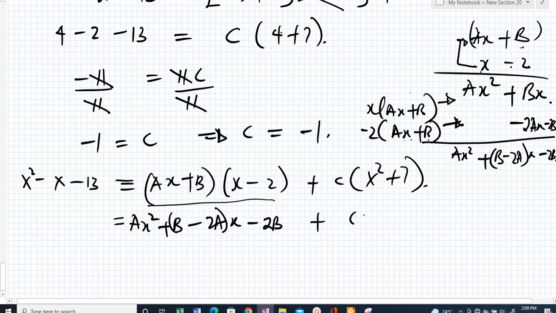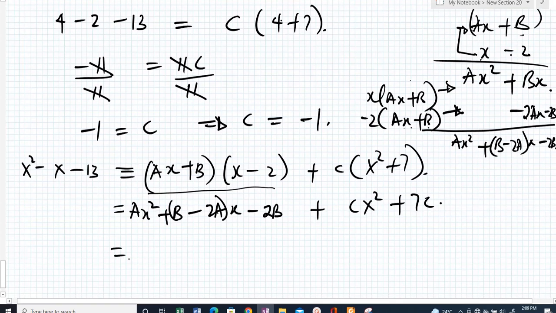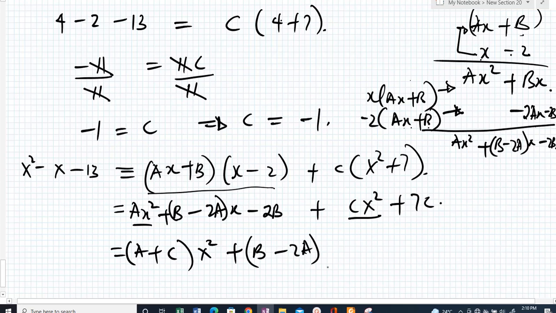then plus this one will be cx squared plus 7c, bringing the like terms together. So this is cx squared, so with this, you have (a plus c) times x squared plus (b minus 2a) times x, then this one is a constant, that is the coefficient of x raised to power 0, which is plus 7c minus 2b.